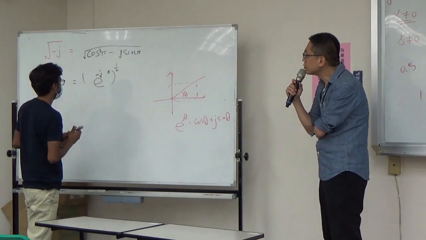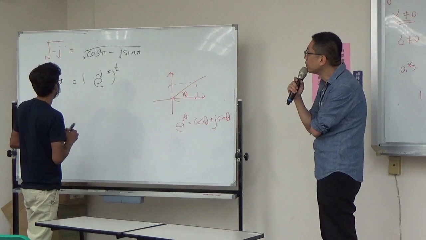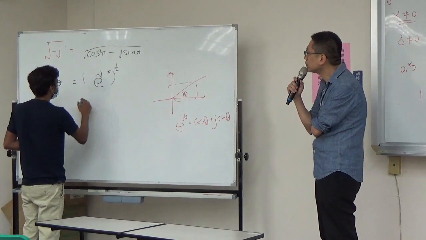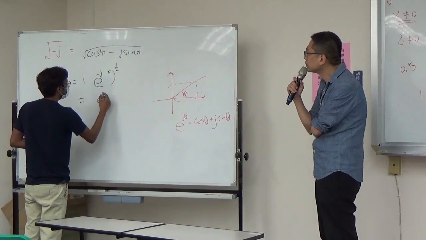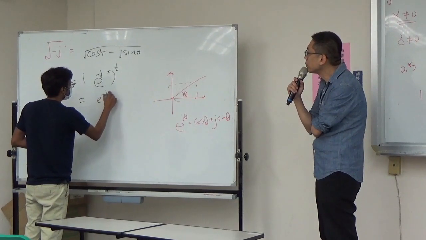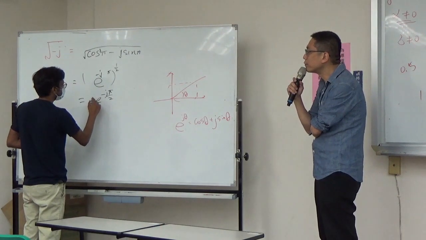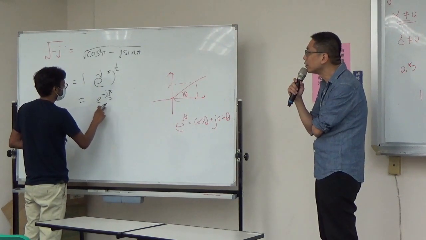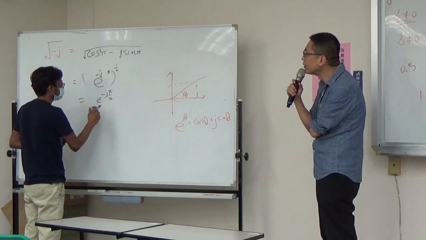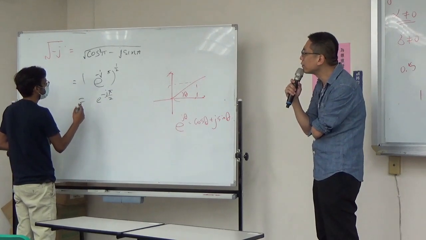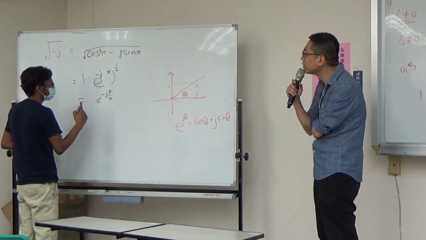So it will equal, you put a 1/2 inside, minus j pi over 2. So pi over 2 is 90 degree, and then you go back to the cosine and the sine.